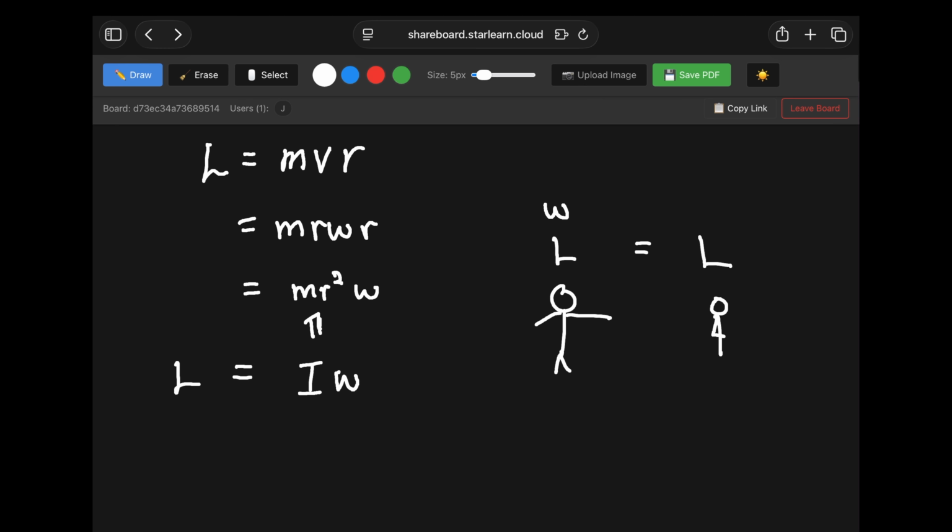Versus when you have your arms really close to your body, because momentum is conserved, your angular velocity increases. So that's why if you look at figure skaters, they spin faster once they start putting their arms together.